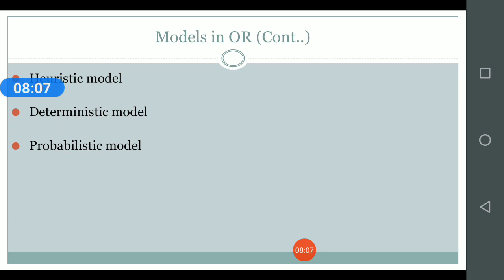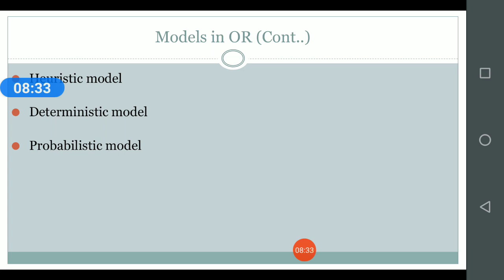The deterministic model is where we know each and every situation and we are certain about the costs and profits involved in each alternative, and then we need to choose an alternative which helps us in profit maximization and cost minimization.